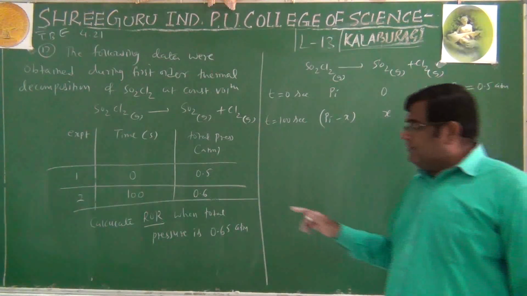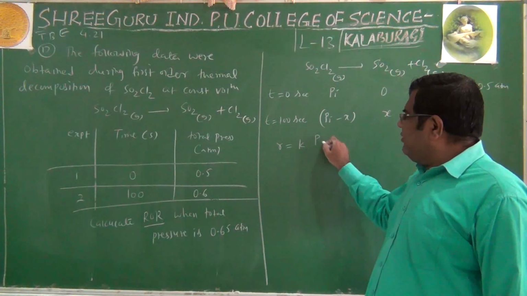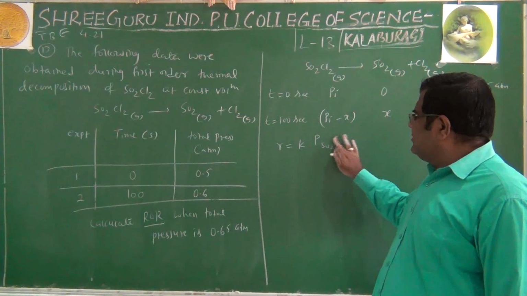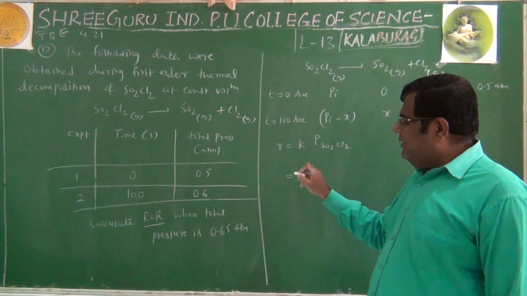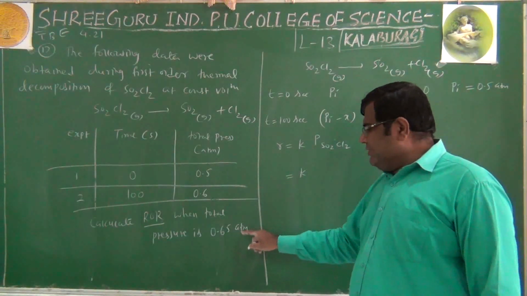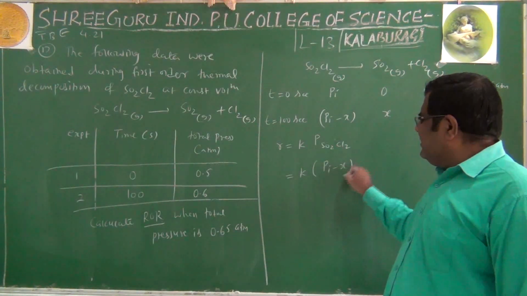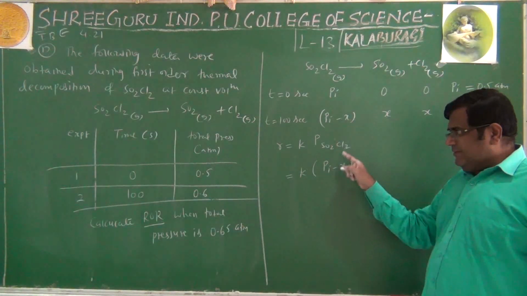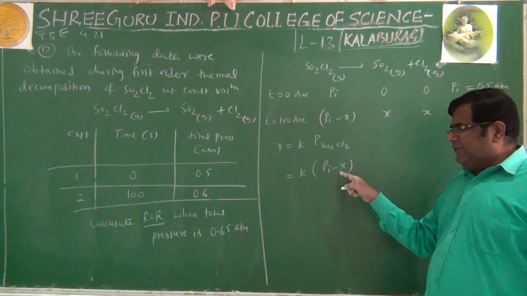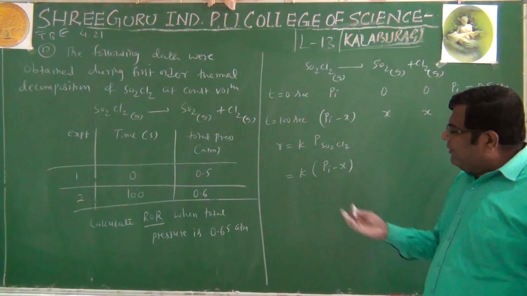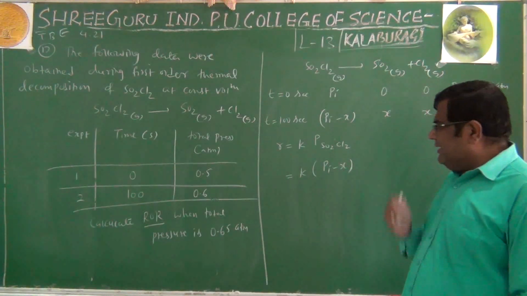But what they have asked here is the rate of reaction, R equals K times the pressure of SO2Cl2, this is the reactant, at the point when total pressure is 0.65 atm, meaning Pi minus x. They have asked what pressure remains when total pressure is 0.65 atm, and we have to substitute that here. Now we neither know K nor x. We have to calculate that.